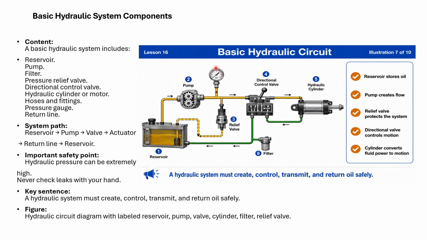Pressure gauge. Return line: oil goes back to the reservoir. System path: reservoir, gear pump, valve, actuator, return line, back to the reservoir.